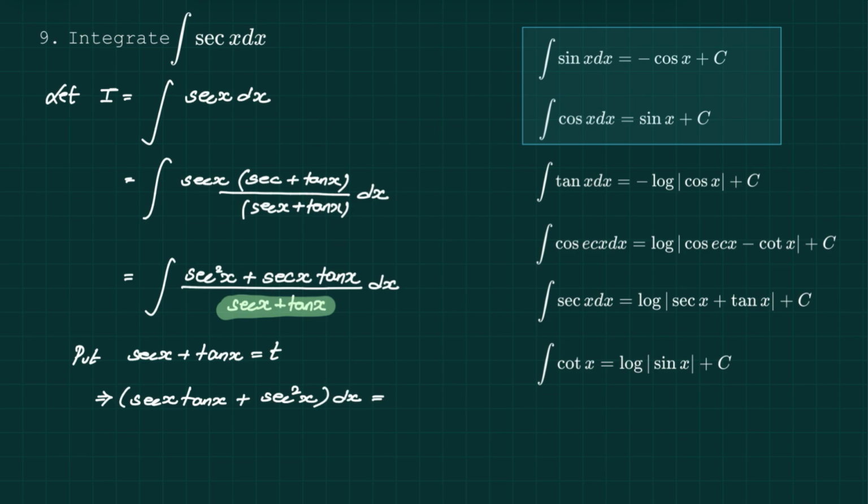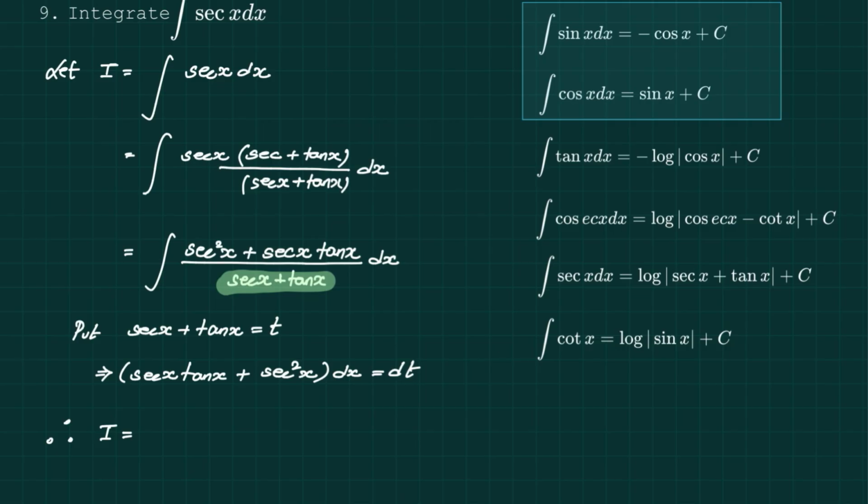Then it will be dx here and dt over here. Therefore my integral I equals integration of, now if you see, sec x tan x plus sec square x dx equals dt, which I have here in the numerator. So in the numerator I will only have dt, and in the denominator what I have assumed as t.